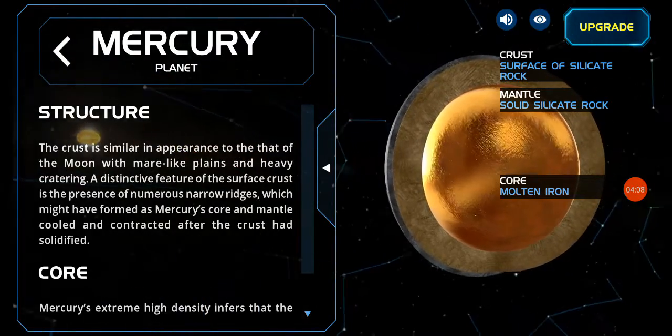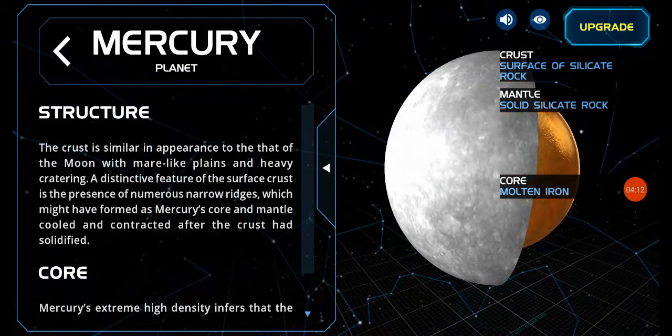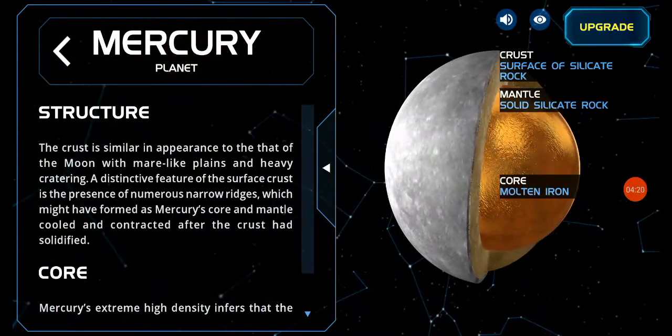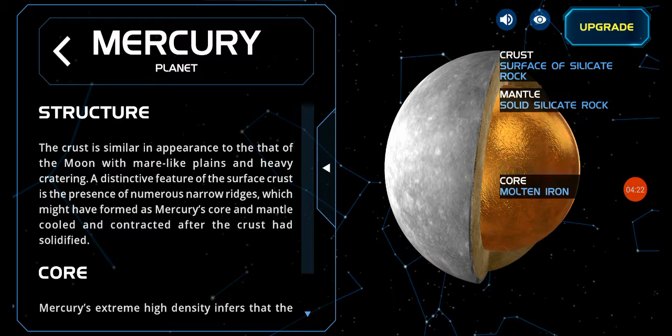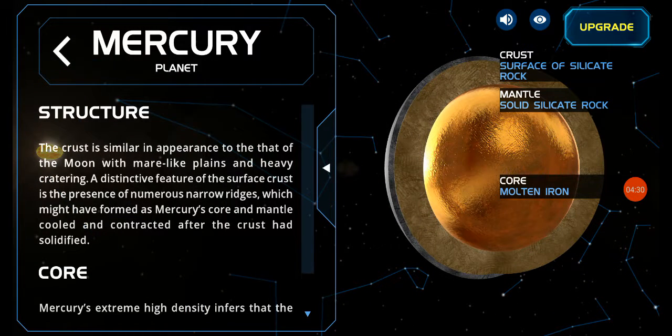Gold inside, a little bit brownish in the middle, and then totally ash color outside. These are basically rocks. On the crust, the front part, it has silicic rock, and in the mantle there is again solid, very hard silicic rock, and then next is the molten, very hot iron inside.